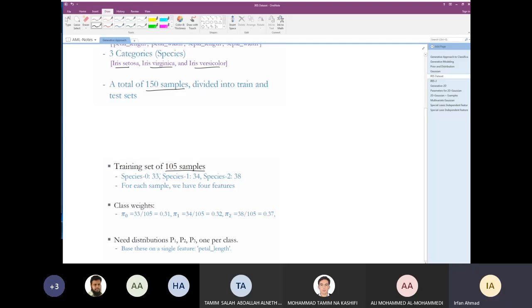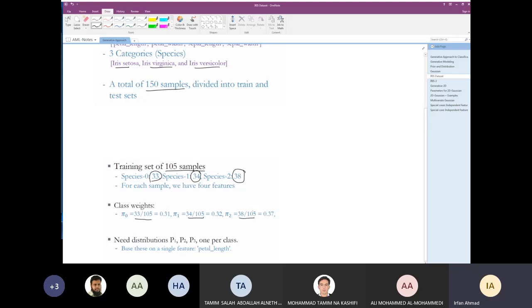You have 33 samples of species 0, or class 1, whatever you call it, 34 samples for the second class, and 38 samples for the third class. So the prior for species 0 is nothing but 33 over 105. For species 1 the prior is this, and for species 2 this is the prior.